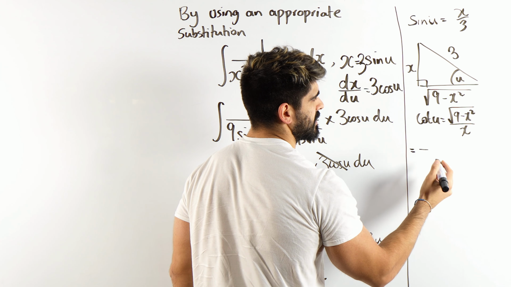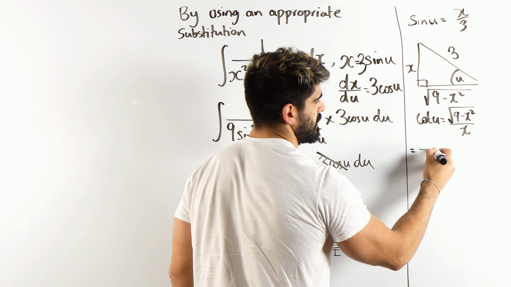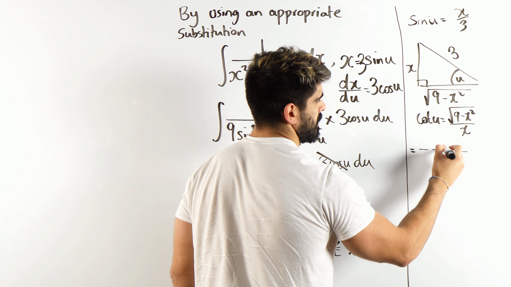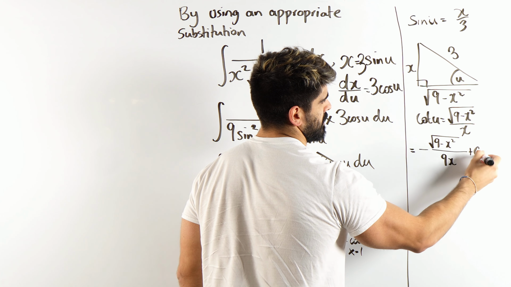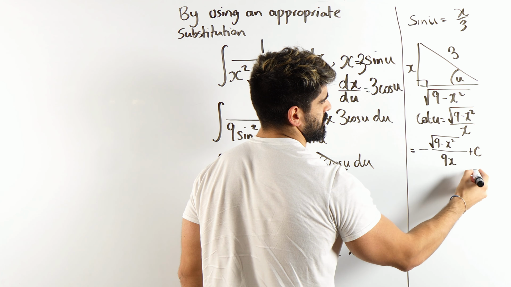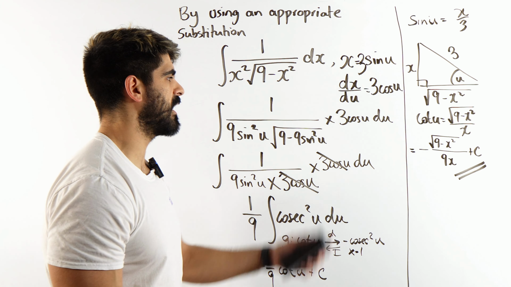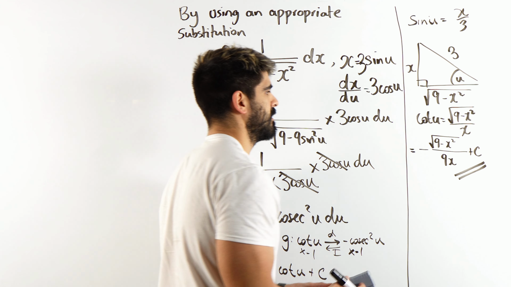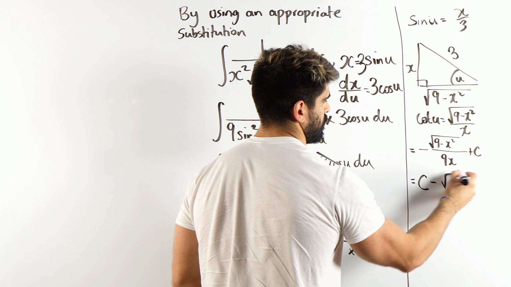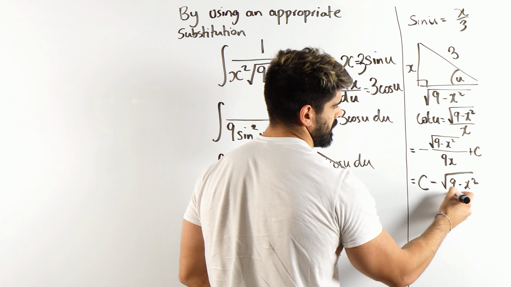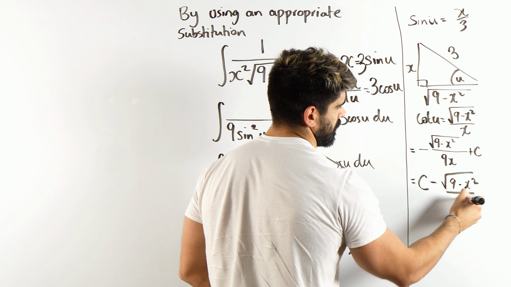And instead of saying minus a ninth, I'm going to put the 9 in with the x. So that gives us this, and that is our final answer. You could write it the other way around if you want. Maybe putting the constant first would make it look a bit prettier. So c minus root 9 minus x squared over 9x. And that is our integral.